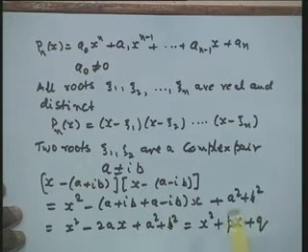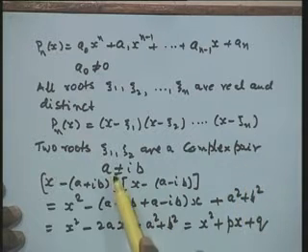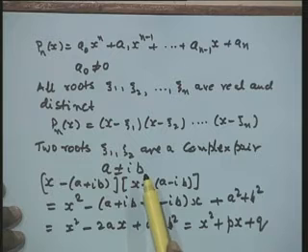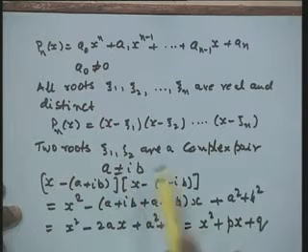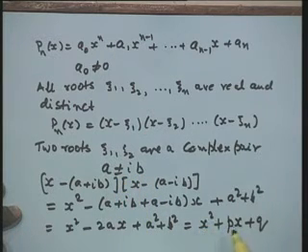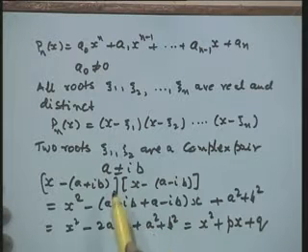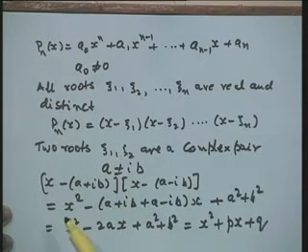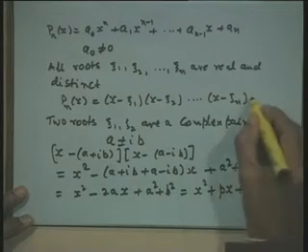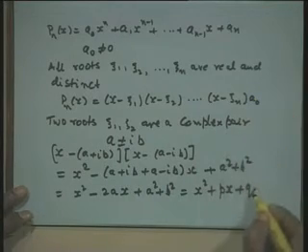Therefore, if I want to look at a complex pair of the form a plus minus i b, then the product corresponding to that pair is given by x squared plus p x plus q, where p and q are real. In this product 2a is real, a squared plus b squared is real. Therefore, if I want to extract a complex pair from a given polynomial, I would extract a real factor x squared plus p x plus q. This implies that it would be sufficient for me to extract a quadratic factor of this form.